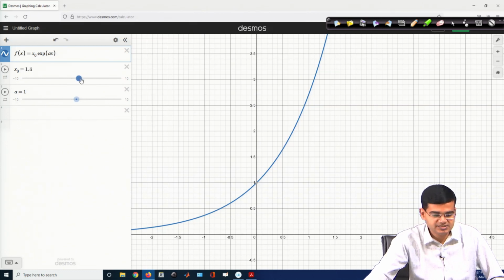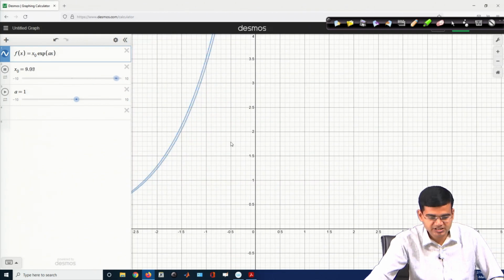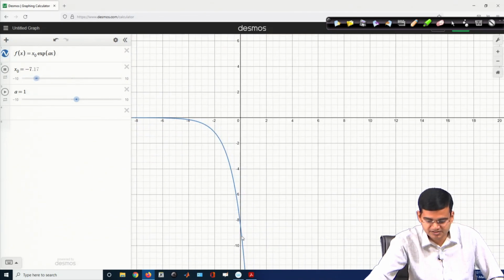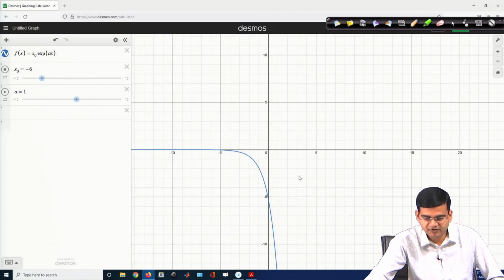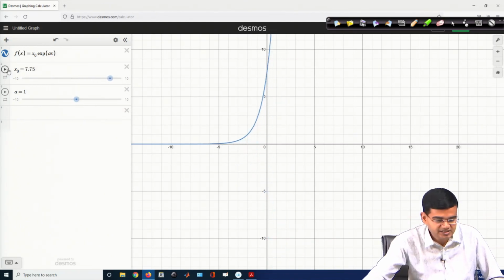As I increase this to 2 or say 3, the point goes from 0 1 to 0 3. So, I can animate it, and if I focus only on the y intercept, what I see is that as I change the initial condition, the y intercept is changing.